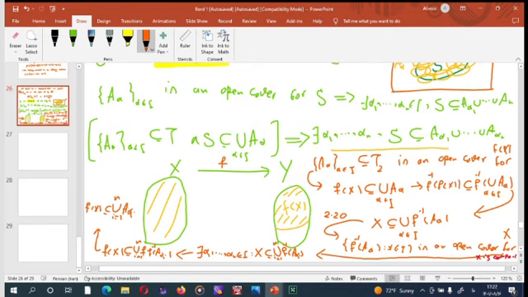So that for any open cover of f of X, okay, we find a finite subcover for this open cover. This shows that this set is compact, okay?